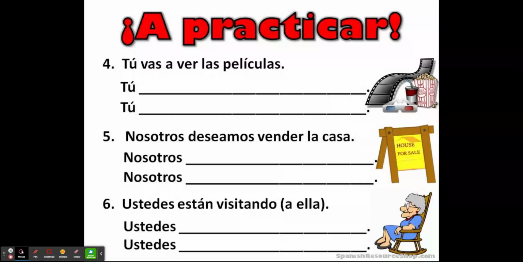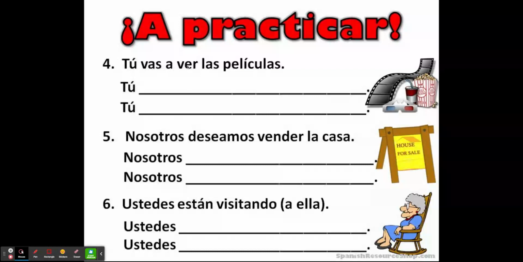Now, it's your turn a practicar. Tú vas a ver las películas. Identify that. The two verbs here, you remember, this is the ir a, and you always use it when you are talking about going to see a movie, simple future tense. There are two verbs, vas y ver, but in going to, we use the a.